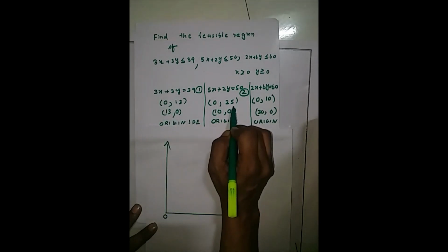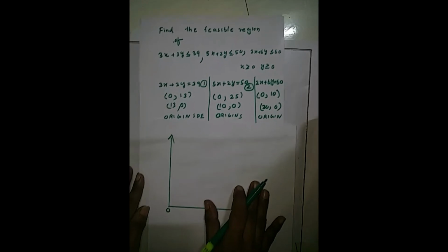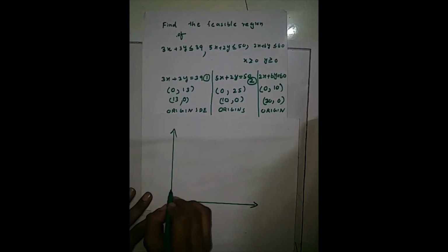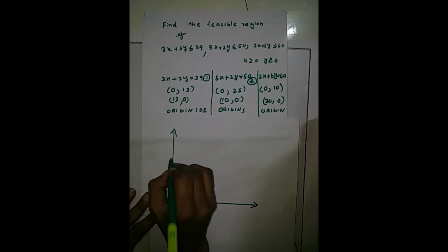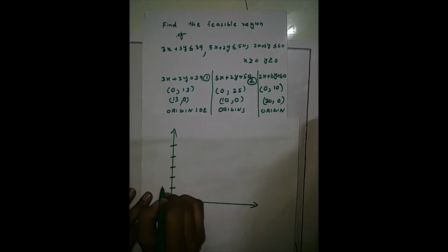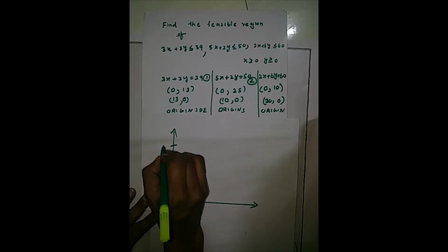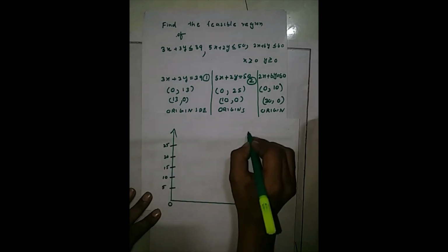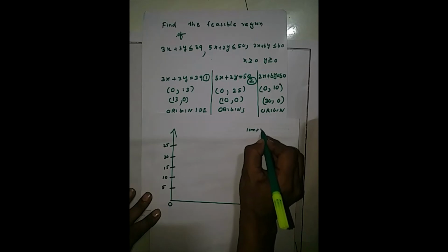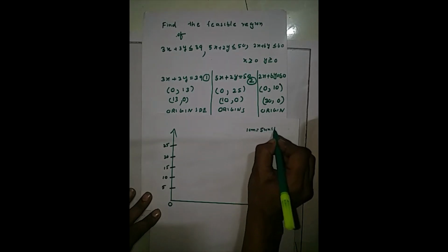Maximum point is 25, so in y-axis we require up to 25. So I am taking a bigger scale, 5, 10, 15, 20, 25. I took 1 centimeter equal to 5 units.